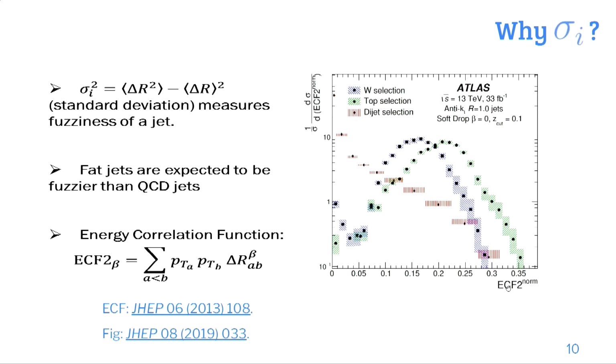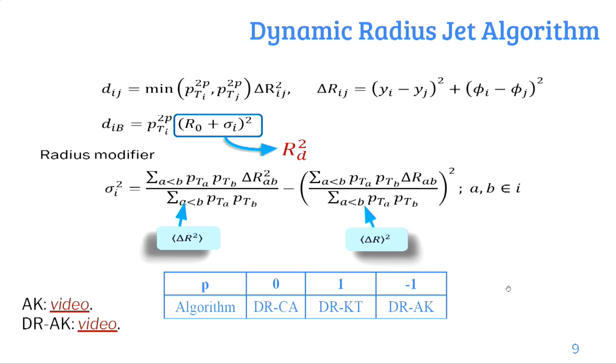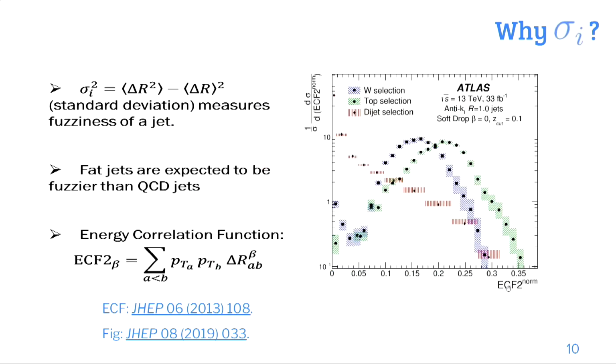The other explanation is that there are substructure observables which are useful in discriminating normal QCD jets from top jets and W jets. If you see this energy correlation function, which is defined the same way as this sigma I definition, slightly different from it, you see that it tends to be higher for the top jet, a little lower for the W jet, and for the QCD jet it tends to be smaller.